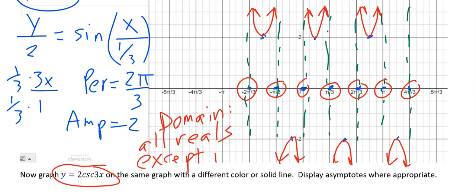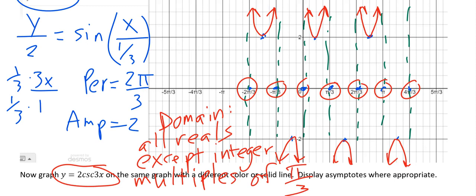So that sounds like integer multiples of what? Pi over 3, right? All real numbers except integer multiples of pi over 3, whether it's 1 pi over 3 or negative 17 pi over 3.